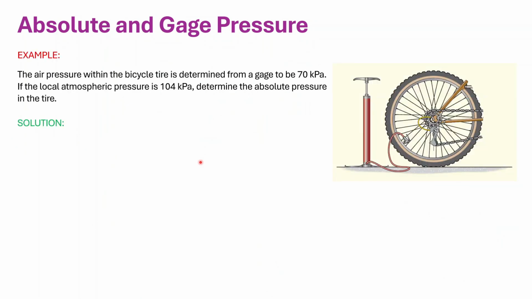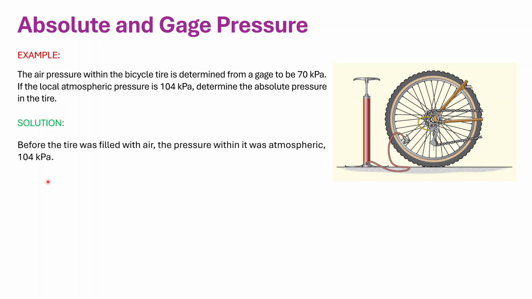Example: the air pressure within the bicycle tire is determined from a gauge to be 70 kilopascals. If the local atmospheric pressure is 104 kilopascals, determine the absolute pressure in the tire. Solution: before the tire was filled with air, the pressure within it was atmospheric, which was 104 kilopascals.